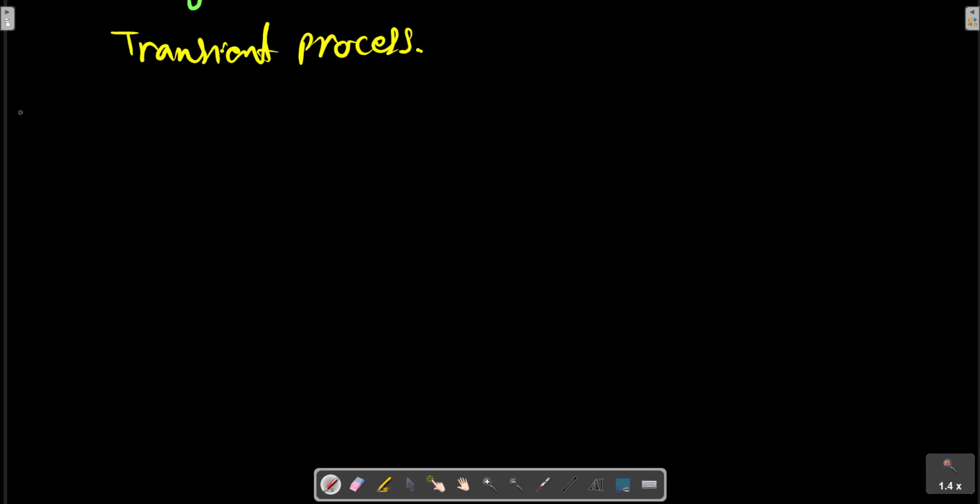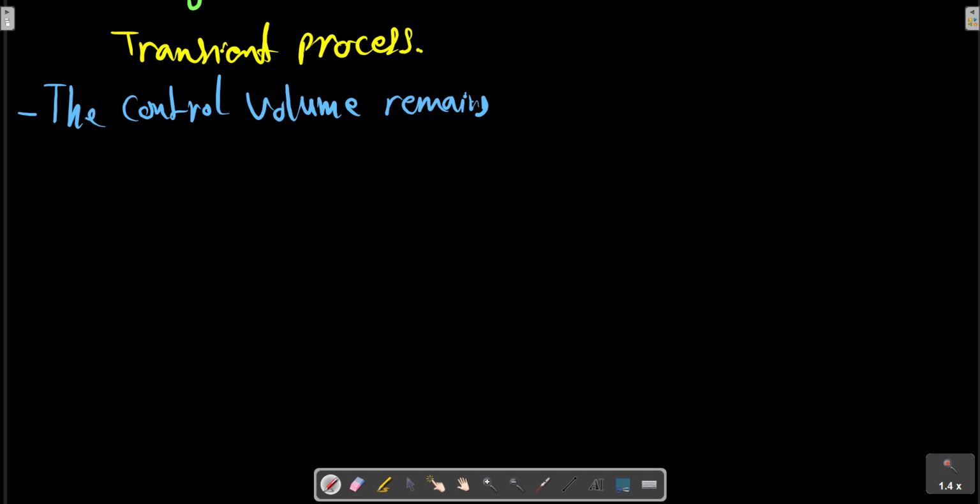The first assumption is the control volume remains constant relative to the coordinate frame.